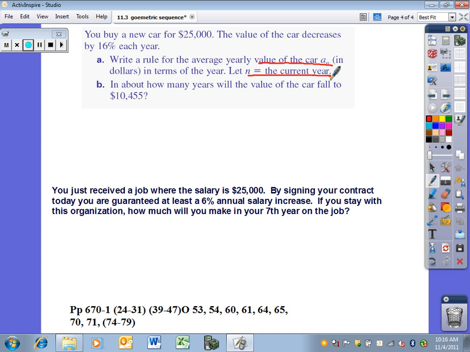So we know A sub n equals A sub 1 times 1 minus the ratio to the nth. So our first term, initially, what are we spending for the car? $25,000 times 1 minus my ratio.